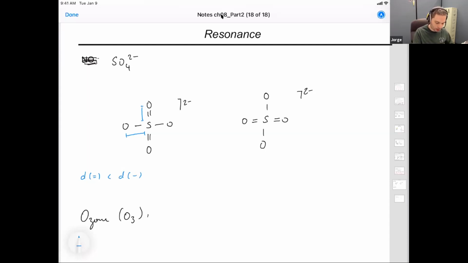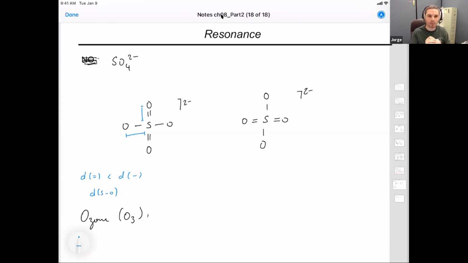However, when we look at the experimental data, we find a sulfur-oxygen distance that's neither equivalent to a double bond nor a single bond, but an intermediate between double and single bond.